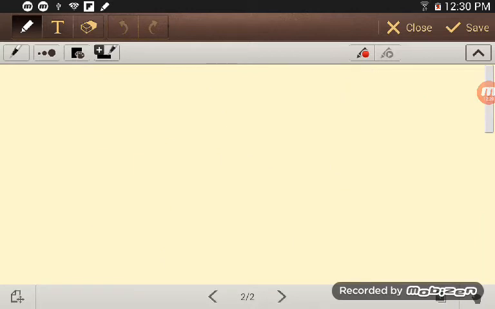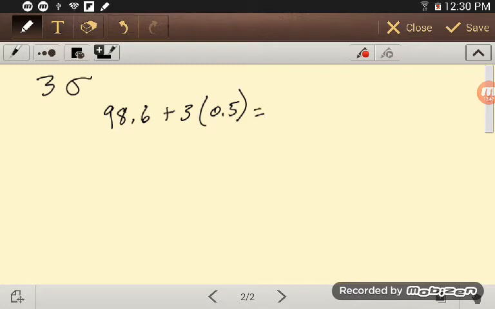But notice, by the time we get to 3 sigma, our top temperature, 98.6 plus 3 times 0.5 is 98.6 plus 1.5, which is 100.1. And I don't remember off the top of my head, but I think we want to report temperatures of like 100.3 or something like that.